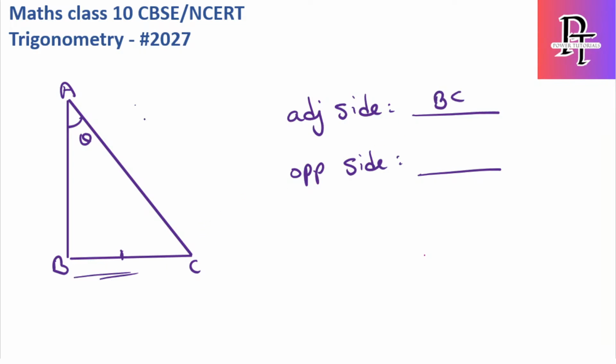The adjacent side is the one which is connected, which is AB. AB is the adjacent side, and the opposite side, opposite to this angle, is BC.